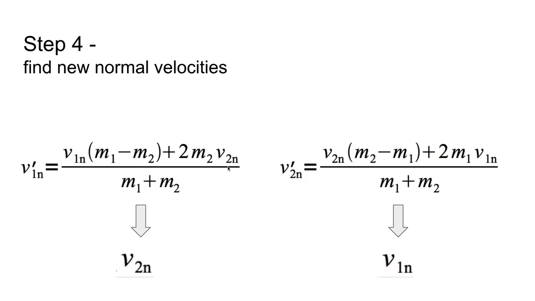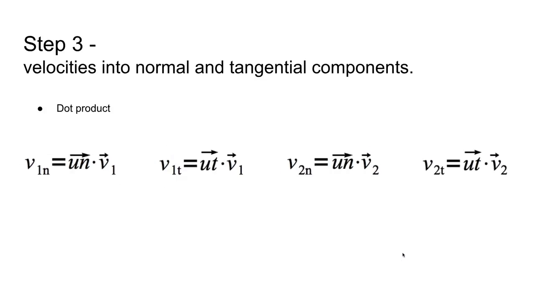If we just put our values inside, we get that v1n', which means after the collision, will be equal to v2n, and v2n', which stands for after the collision, will be equal to v1n that we already calculated in the previous step.